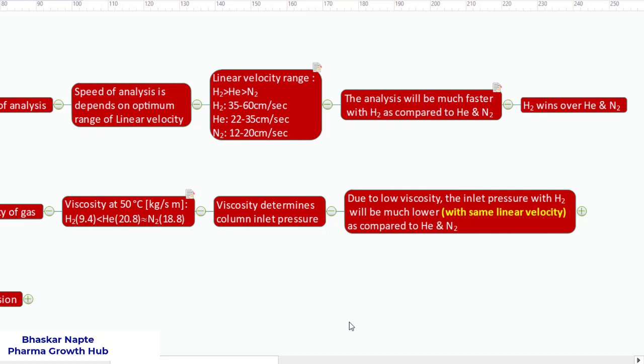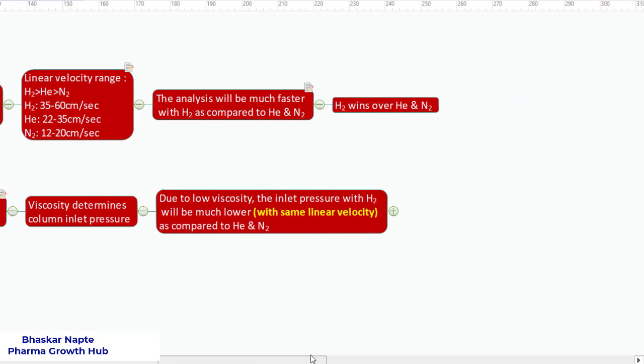But in case of hydrogen, being a low viscous carrier gas, it yields a very low amount of back pressure. And that makes it possible to have a higher linear velocity for hydrogen. This difference in viscosity makes it possible to have the higher linear velocity for hydrogen, but not in the case of helium and nitrogen.